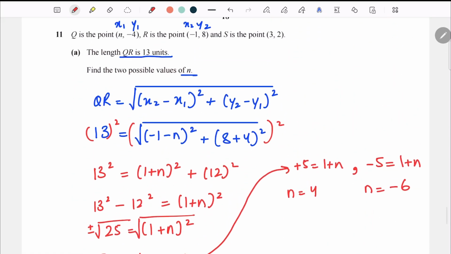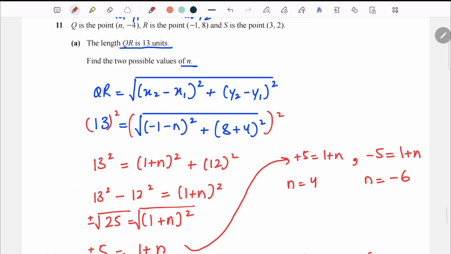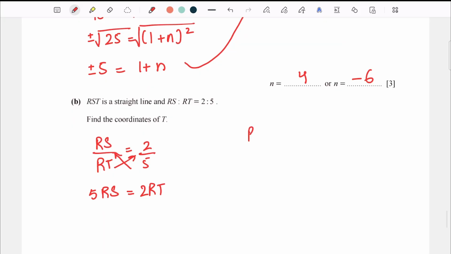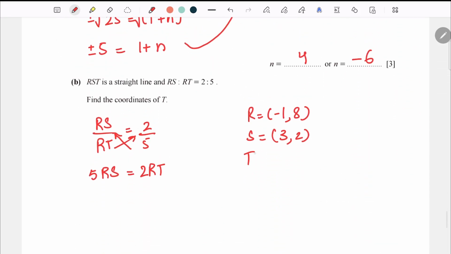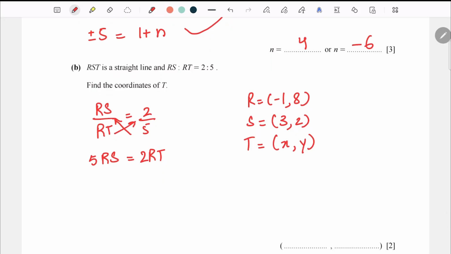Now the coordinates of R are given to us. R is (-1, 8) and S is (3, 2). That is also given in the question. T has to be found, so we'll suppose the coordinates as (x, y).